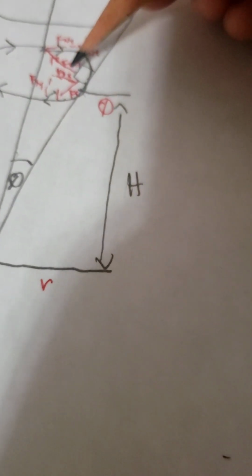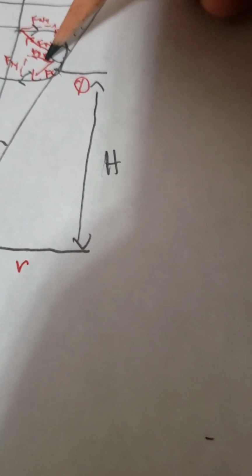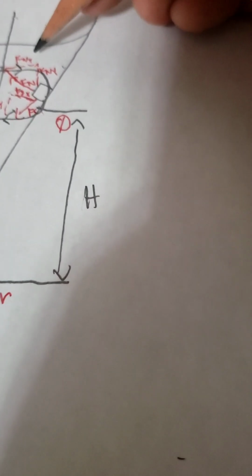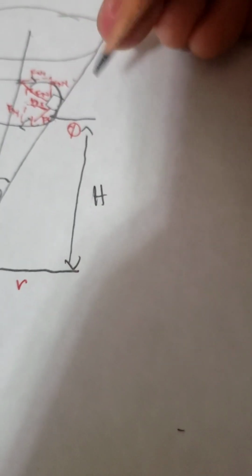With that information, for the x components, we need to find out which ones are pointing towards the center. Fs of x is horizontally pointing towards the center, and Fn of x is also pointing towards the center. And that will equal Fc, because Fc always points to the center too.